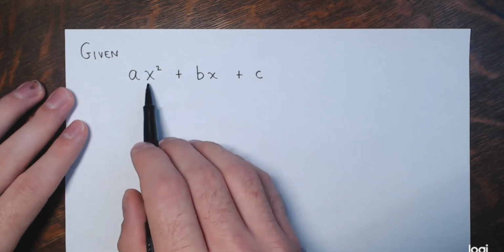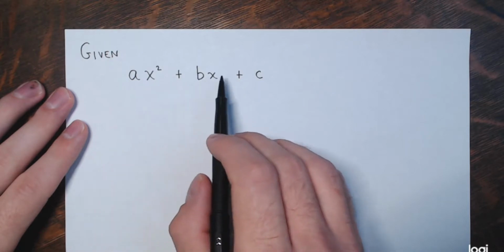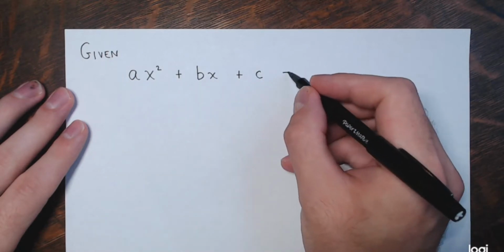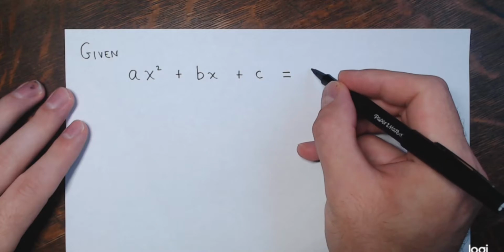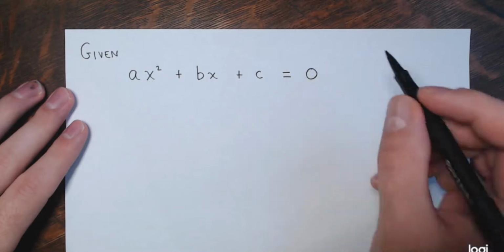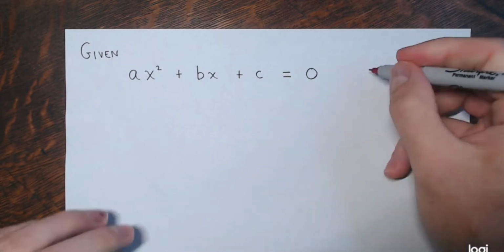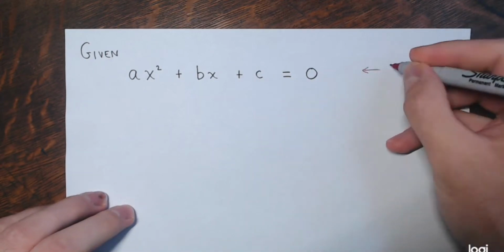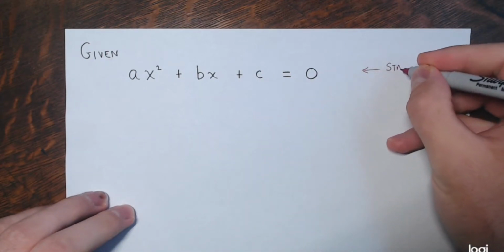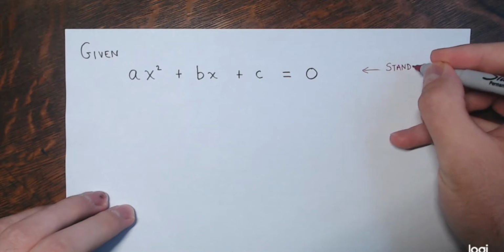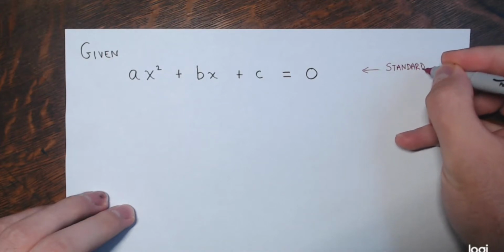You have your quadratic term, your linear term, your constant term, and say that's all on one side with 0 on the other. Right, so as I said, this is typically referred to as the standard form for a quadratic equation.